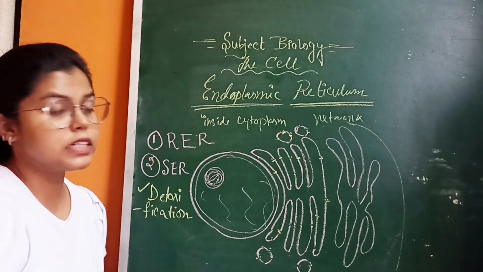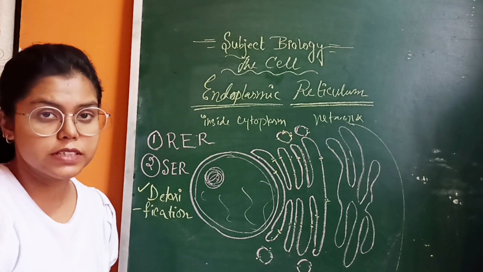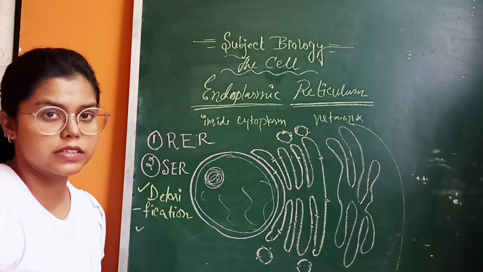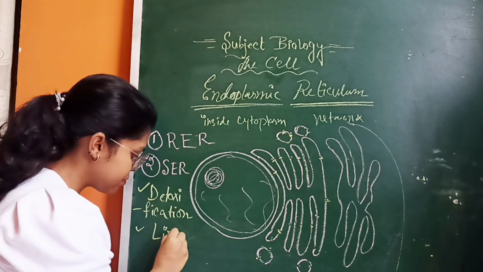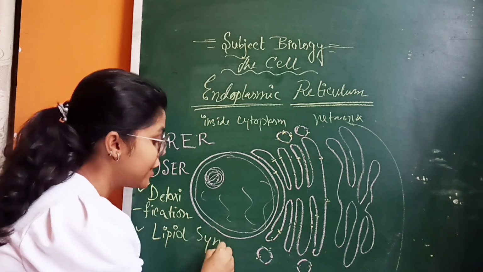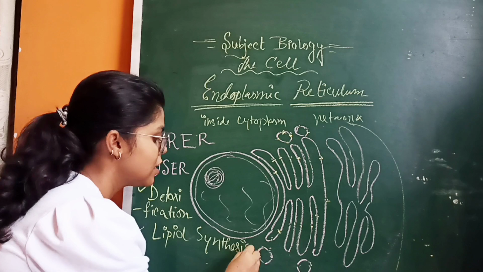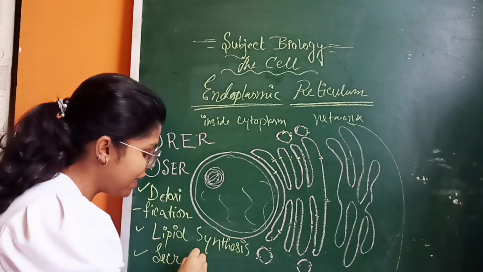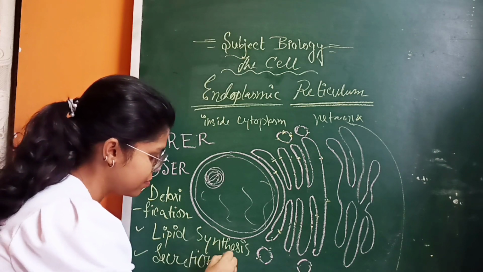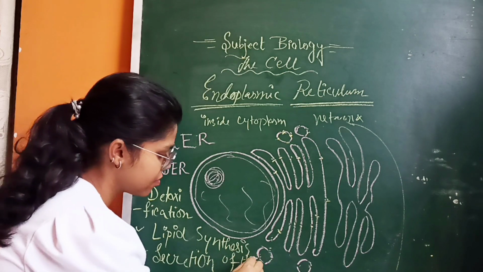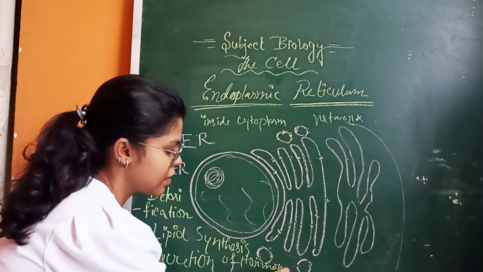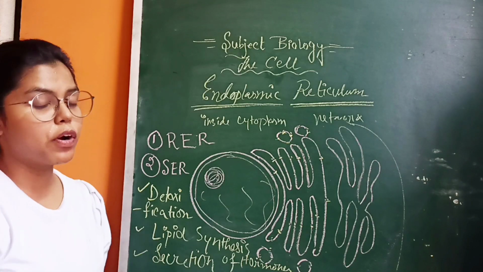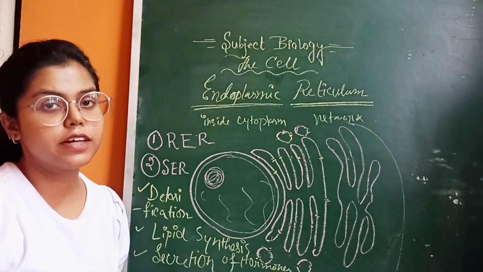Basically, it occurs in the liver cells, and it also helps in lipid biosynthesis, and also helps in secretion of hormones, mainly steroid hormones. So these are the functions of SER. Another important function is storage of calcium ions.